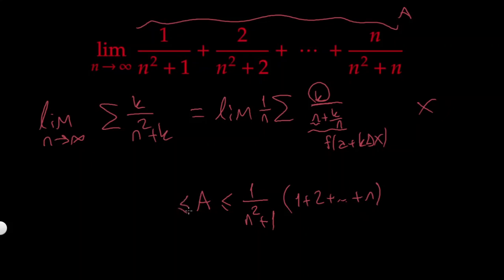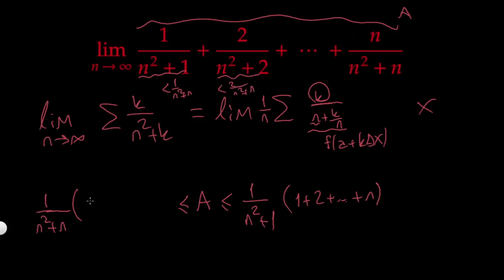And I can use the same logic. If I take this one for the denominator, n squared plus n, this is the smallest such term. So basically what I'm saying is that this thing is less than 2 over n squared plus n.